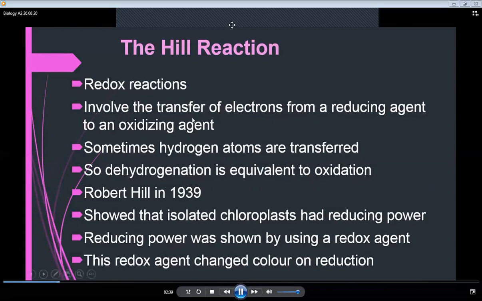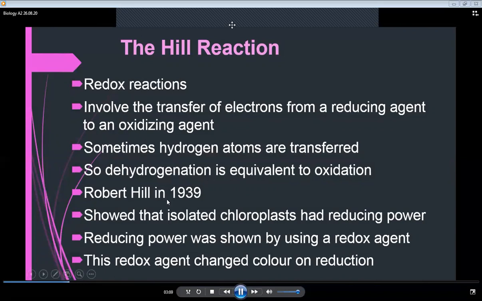Sometimes when we talk about the removal of hydrogen atoms, that is called dehydrogenation. Sometimes hydrogen atoms are transferred between the two agents. So dehydrogenation, which is the removal of hydrogen, is equivalent to oxidation.